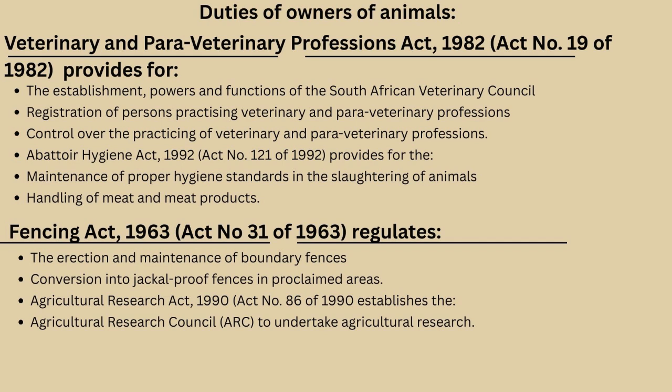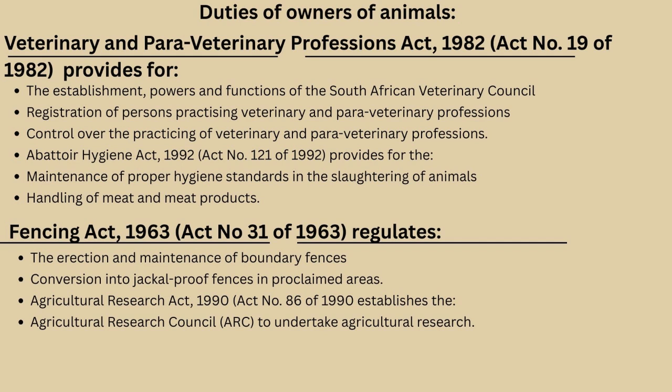Abattoir Hygiene Act, 1992, Act No. 121 of 1992, provides for the maintenance of proper hygiene standards in the slaughtering of animals, handling of meat and meat products.